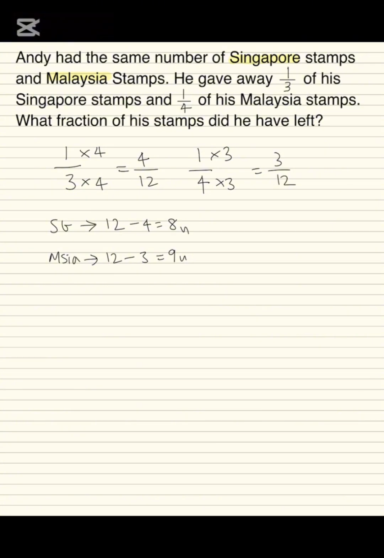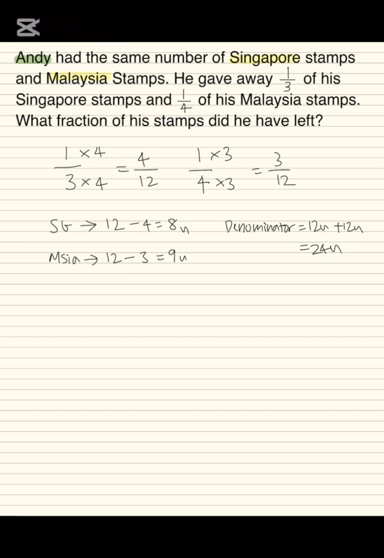This is actually correct. But the denominator for Andy is actually 12 units plus 12 units. This is 24 units. Why? Because these Malaysia and Singapore stamps all belong to Andy, right?